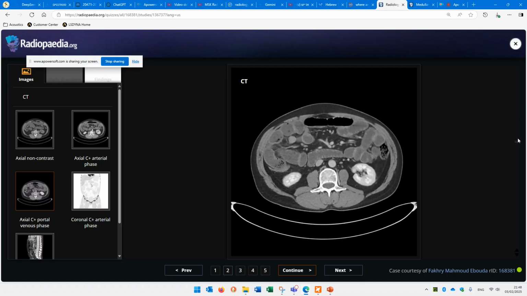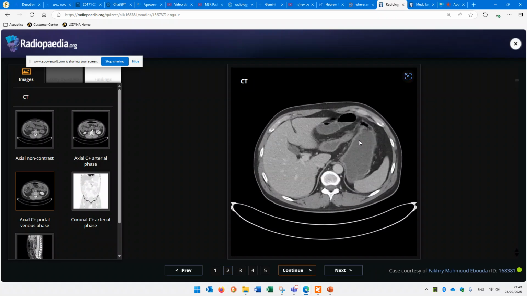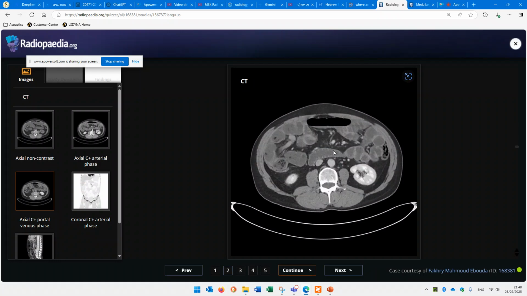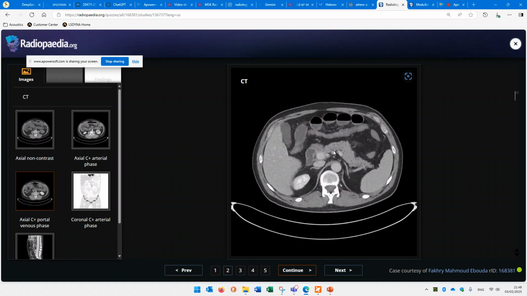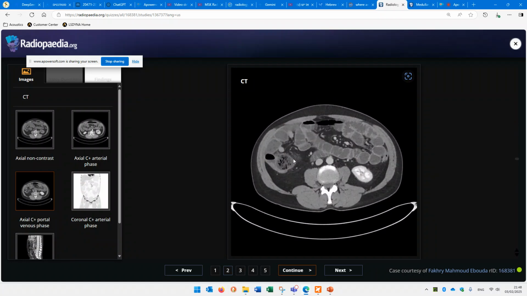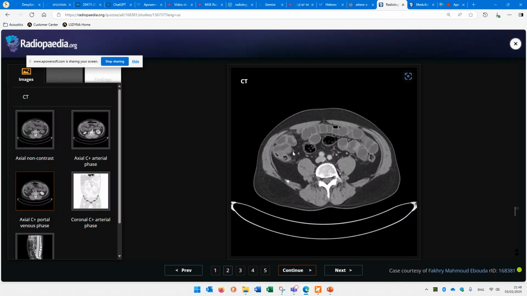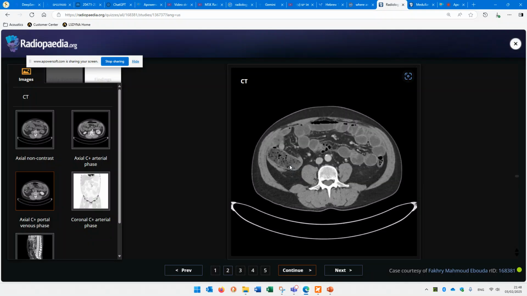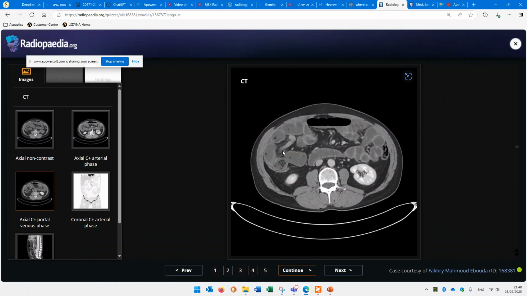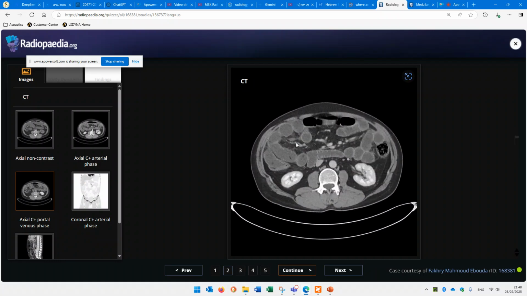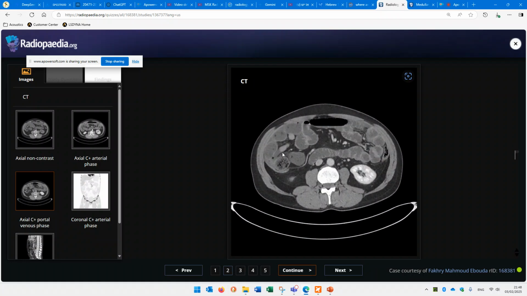Portal venous phase. Let's look at the appendix. I didn't look at the appendix. Where is the appendix? This one? This may be the appendix. Wait. Maybe this one.